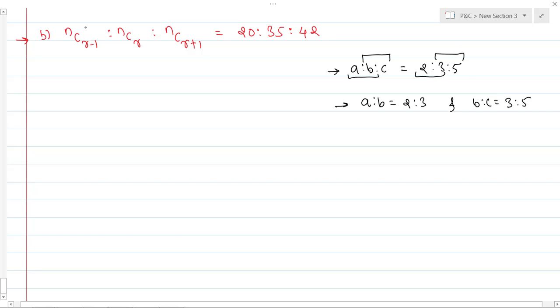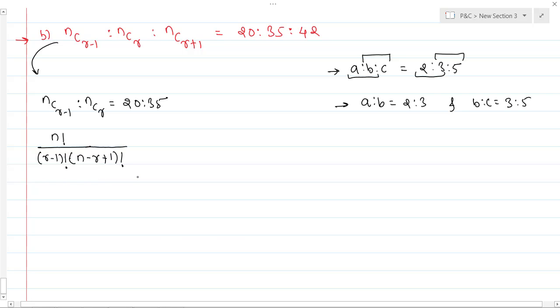So similarly, using the concept, what we can write here is nC(r minus 1) is to nCr equal to 20 is to 35. Is it okay? So now let's open this nC(r minus 1). So this will be n factorial divided by (r minus 1) factorial as it is, half part as it is kept, and into the difference of these two, so it is (n minus r plus 1) factorial.